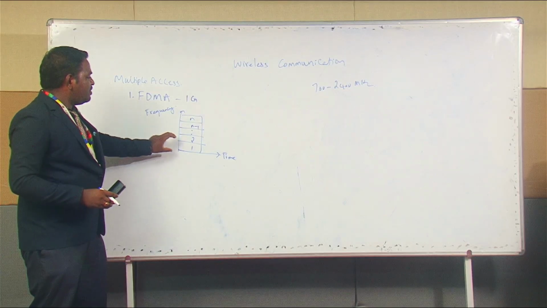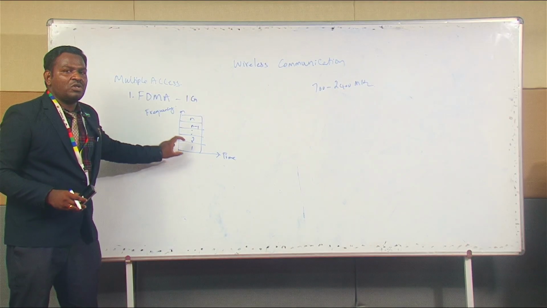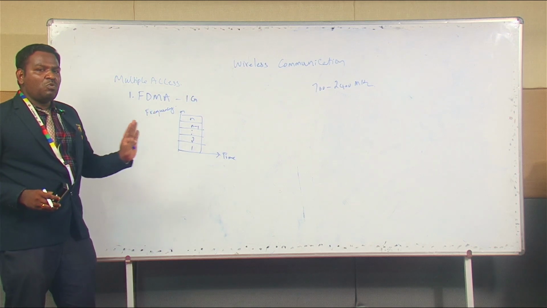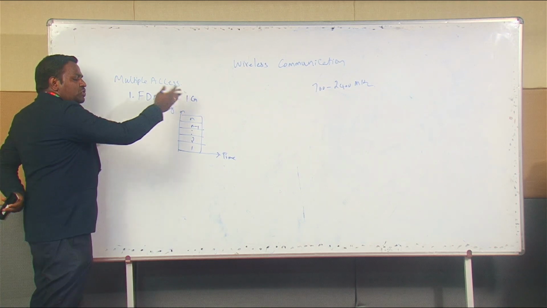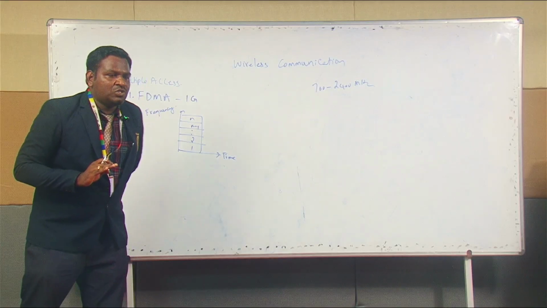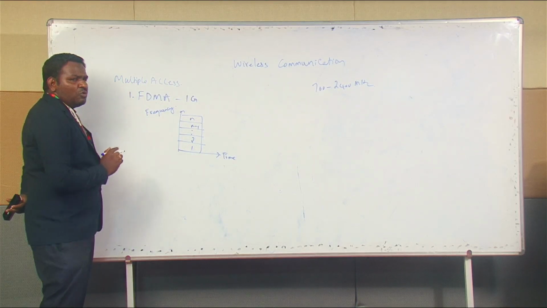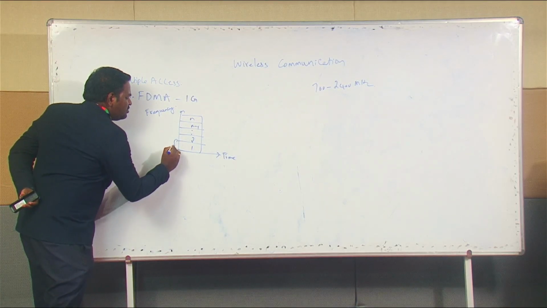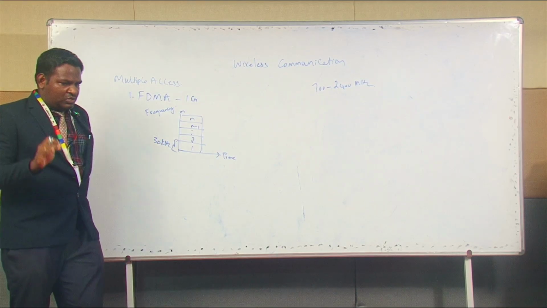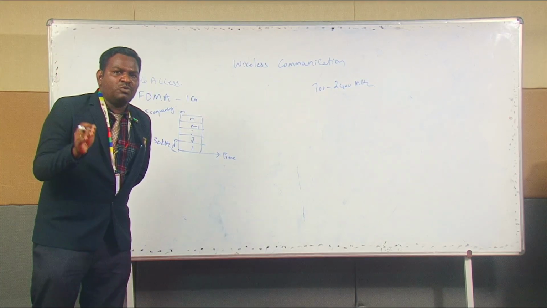We have a particular channel for a particular user. In FDMA we use only analog, that's why it is called first generation cellular communication. These channels are very narrow, with a bandwidth of something like 30 kilohertz. Here you can only transmit voice.